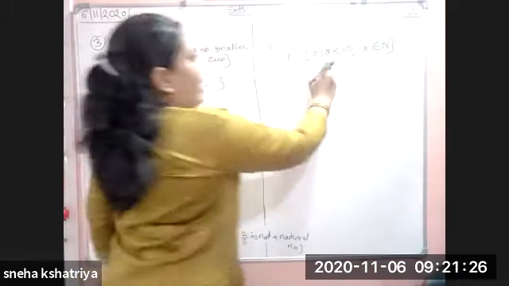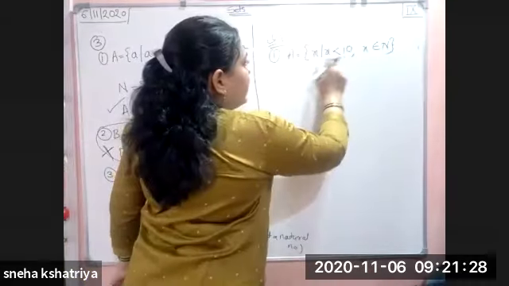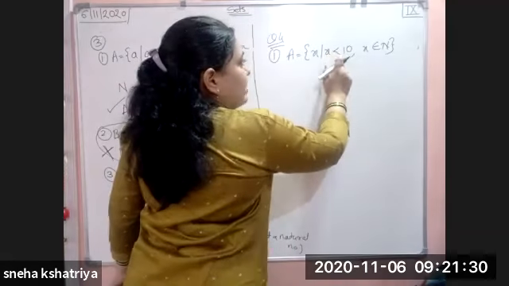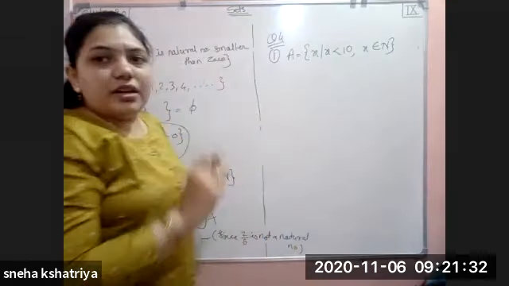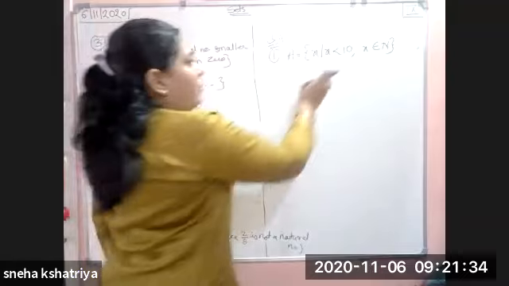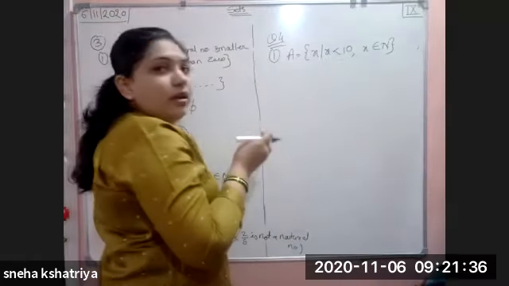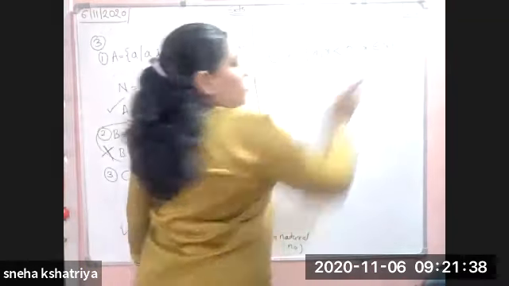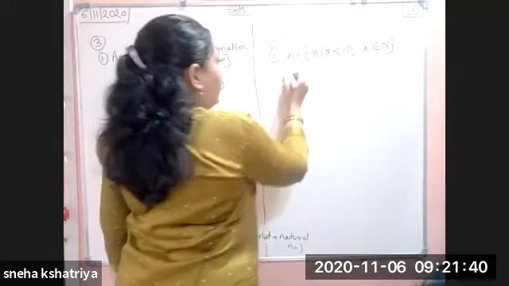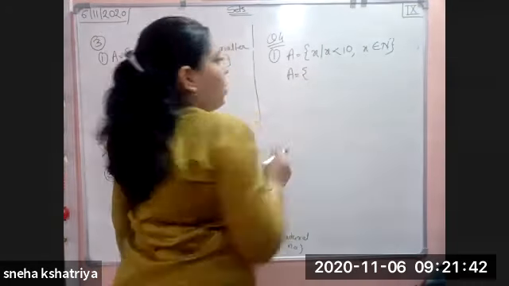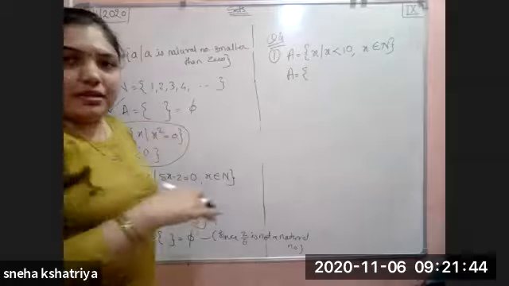So I have a condition given here that x is strictly less than 10. So I have to write the numbers which are before 10 and which belong to natural numbers.